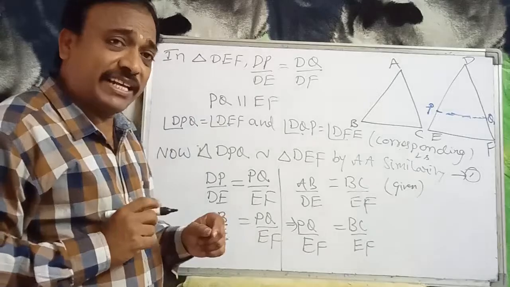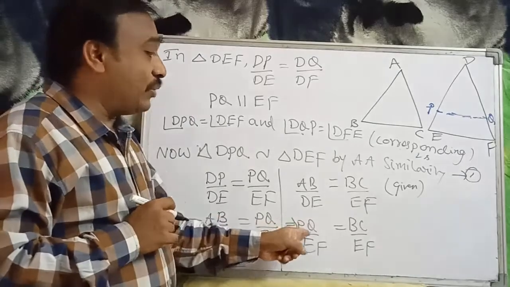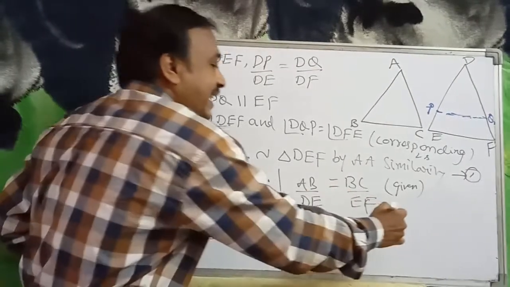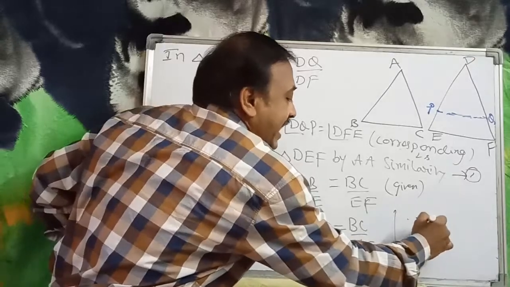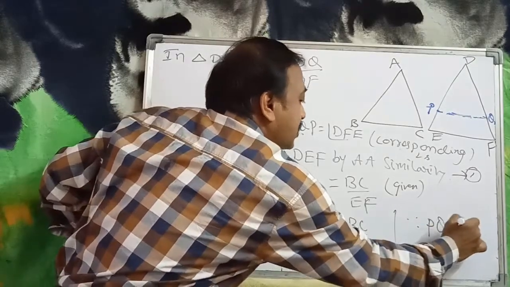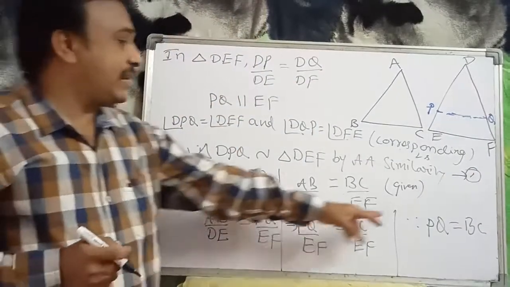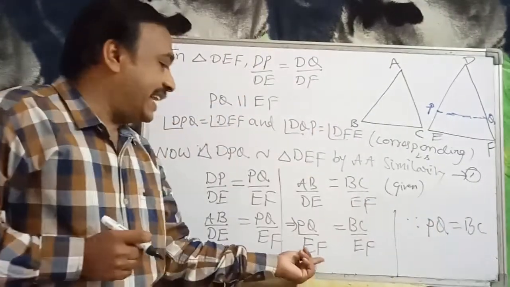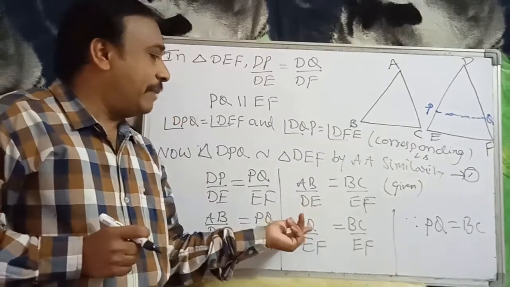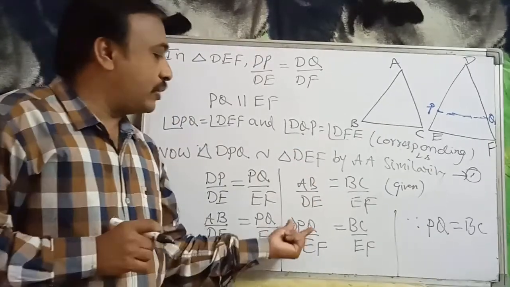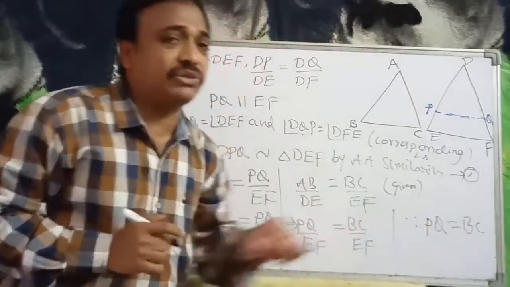From these two, PQ is equal to BC. Therefore, we get PQ is equal to BC.